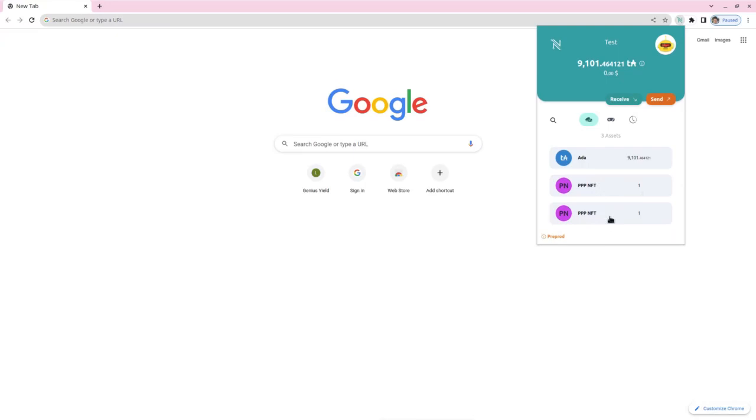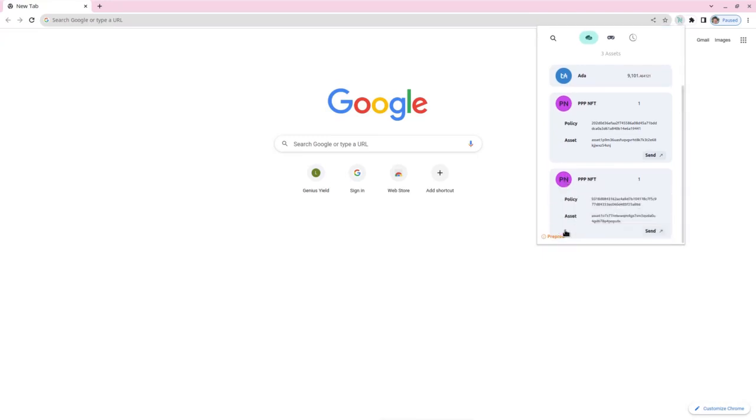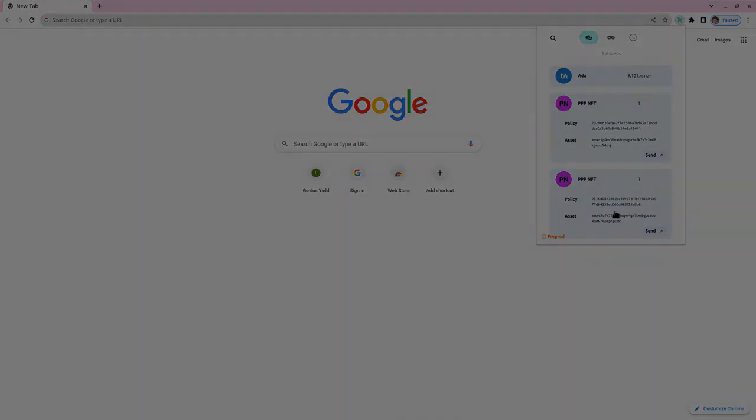It's different NFTs. Actually, we can also see here in Nami, we can inspect the policies, and we see this 202D and the 9318 here as well displayed in Nami. So these are indeed two different coins, unique NFTs, which is exactly what we wanted to achieve.